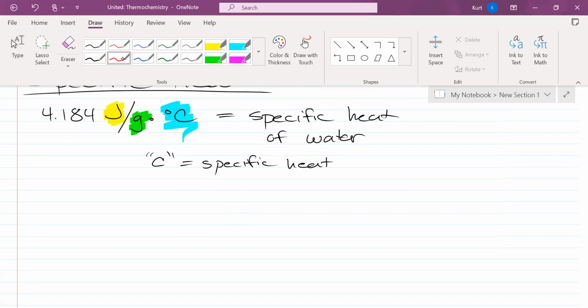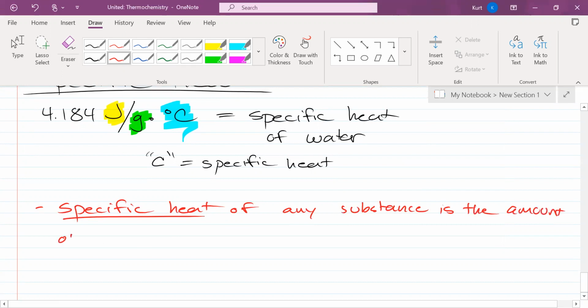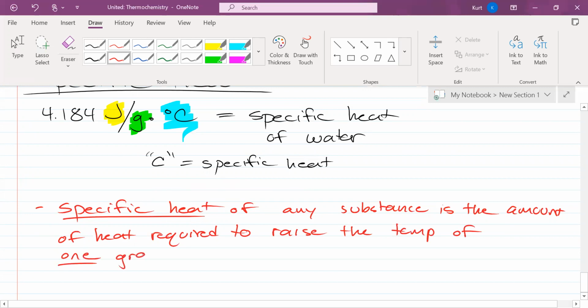So the actual definition, here's another term for your vocab this Friday. The specific heat of any substance is the amount of heat required to raise the temp of 1 gram of that substance by 1 degree Celsius.